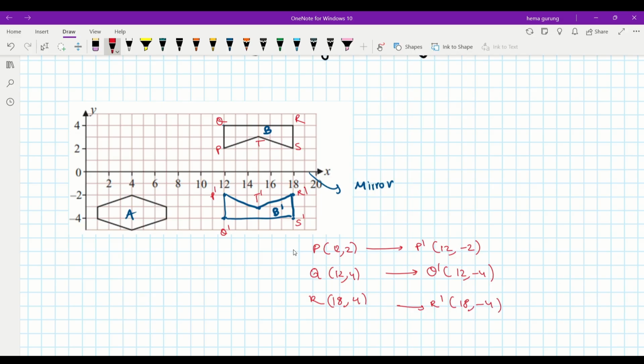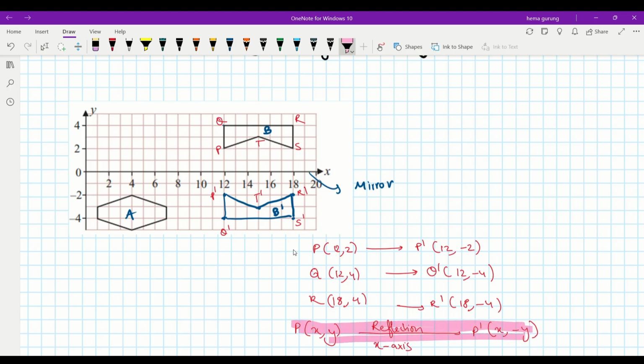Did you see the pattern? So that means the rule, when you are reflecting a point about the x-axis, is that the x coordinate remains the same and the y will be the negative of that.